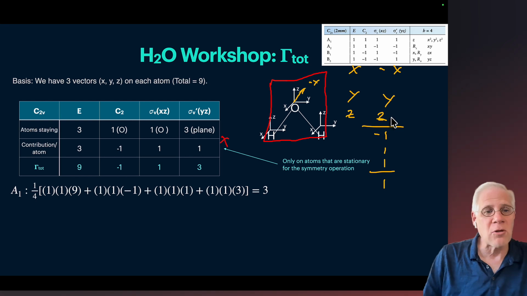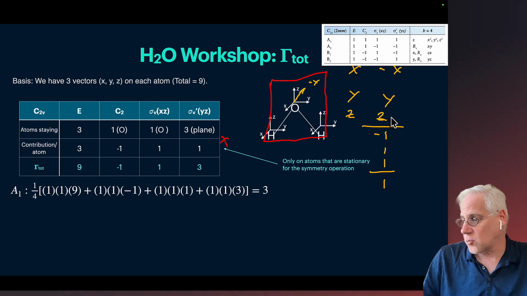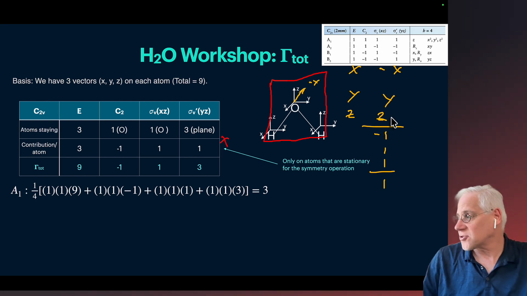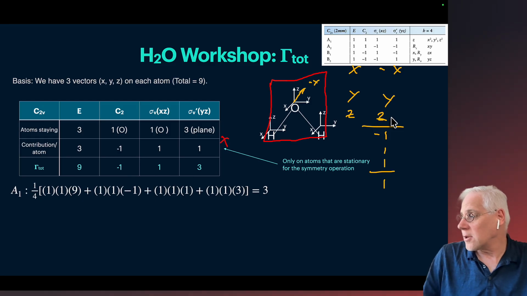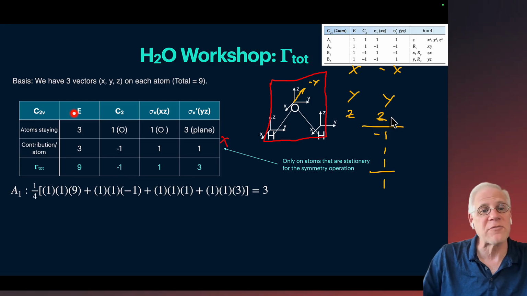Okay, so we're going to take all of our various coefficients here, just like we did in our previous lecture. So remember that for A1, we'll do first, we take the coefficient. We actually look here, it's so easy. We take the coefficient for each operation.